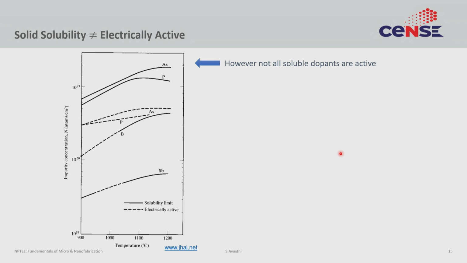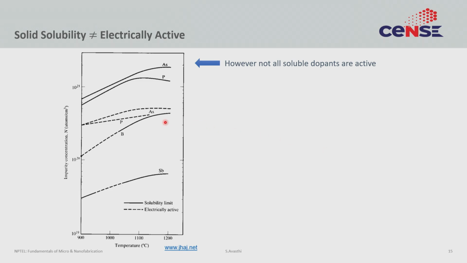Finally, it is also important to remember that solid solubility does not mean it is electrically active. When you are trying to do doping, to create a p-n junction, you want a certain amount of dopants, but the assumption is that each of those dopants would give you an electron if it is n type, or a hole if it is p type, and that does not always happen.